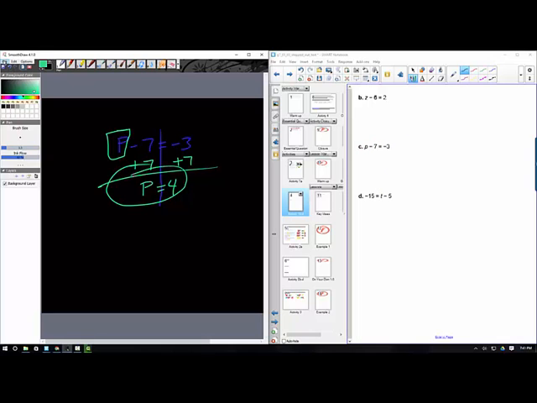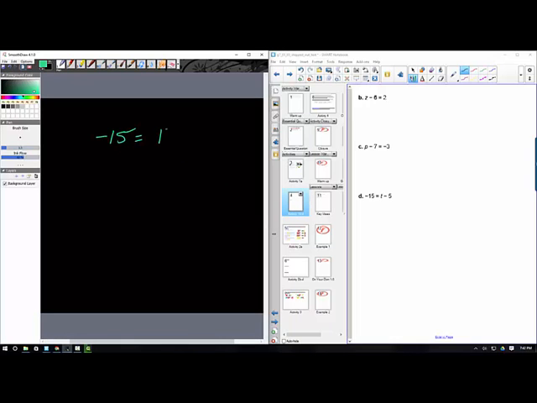And the last one that I'll do here is negative 15 equals t minus 5. It doesn't matter what side this letter is on, because an equal sign just means that they're simply equal, right? So I'm going to box the coefficient just like I always do. I'm going to add 5, draw my line.